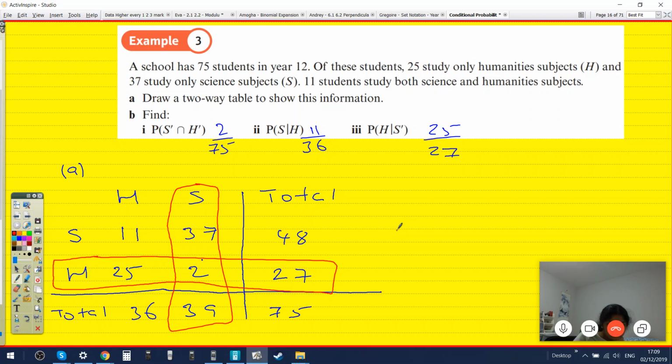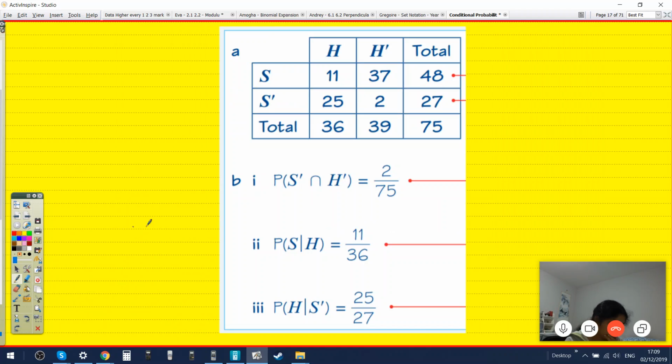I thought it would be out of 39 for this one, the S dash. Maybe I'm looking at it the wrong way. 25/27. Yes, 25/27. Fine. I just labeled them wrong. Any questions there? No. Okay.